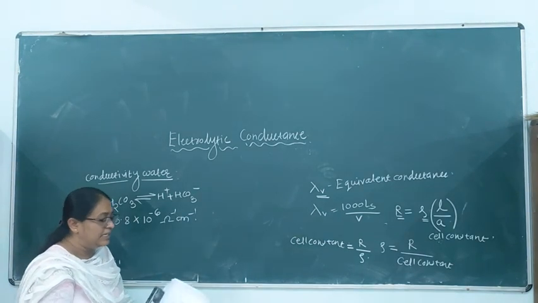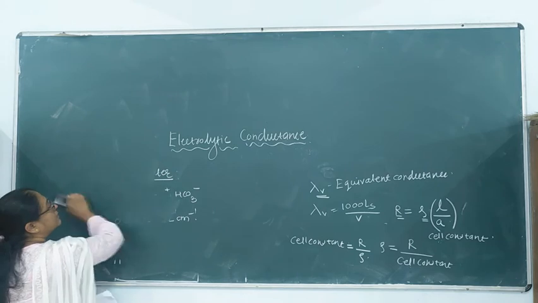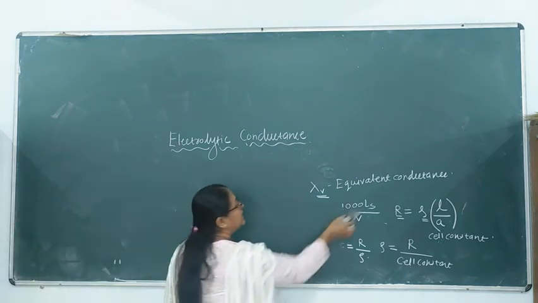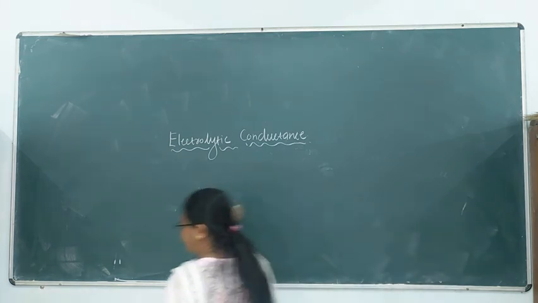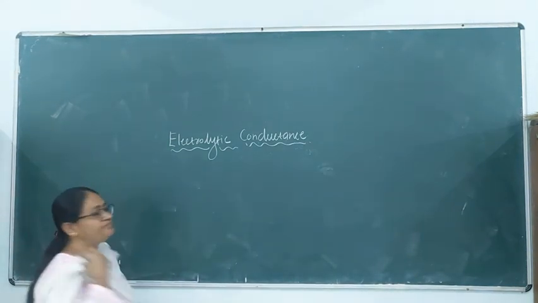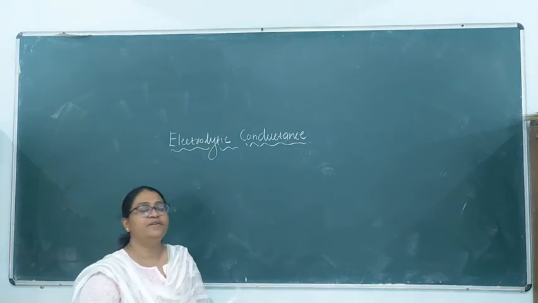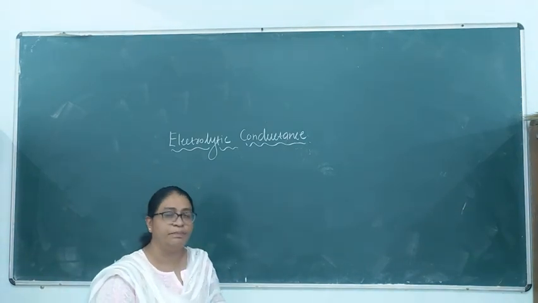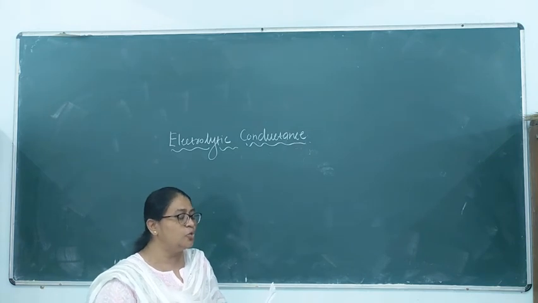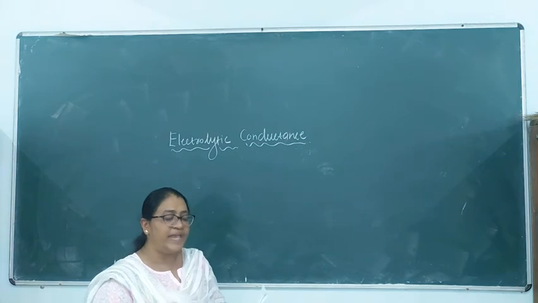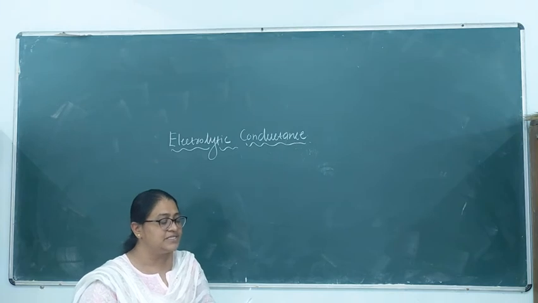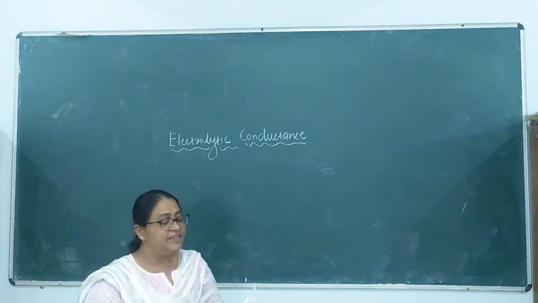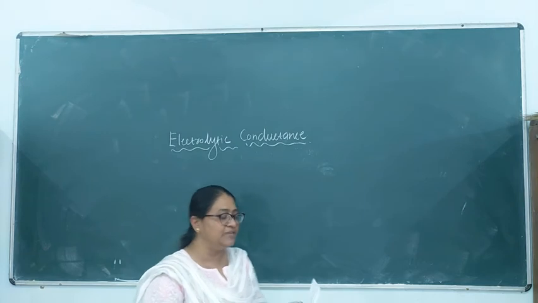Now let's see different problems, and in those problems we will see the calculation of equivalent conductance from the observed resistance. The first problem: 0.5 normal solution of a salt occupying a volume between two platinum electrodes 1.72 cm apart, of area 4.5 cm square, has a resistance of 25 ohms. Calculate the equivalent conductivity of the solution.